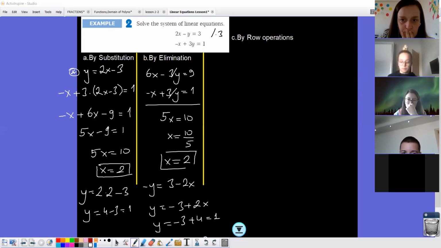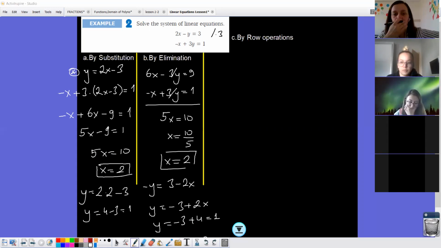For now, guys, I will skip this one, okay? The row operation part. Because I don't want to give something wrong to you, because mostly we are using the row operation for three equations when we have X, Y, and Z, one more unknown.